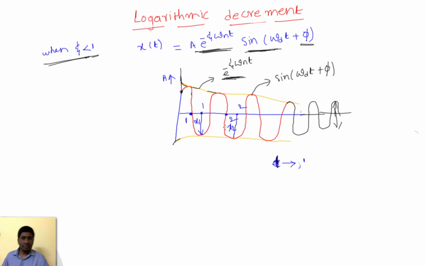In free vibration, x1 equals x2, but here x1 is no longer equal to x2 because it is decreasing, so x2 is less than x1. If I take point 3 here, this is again decreasing, so x3 is less than x2. I want to find out how much amplitude it is decreasing for each cycle.